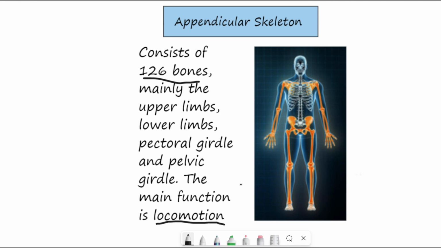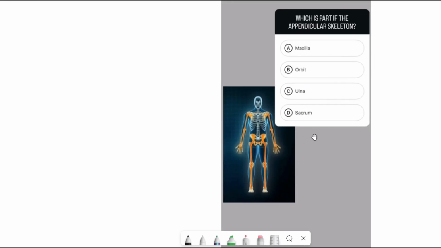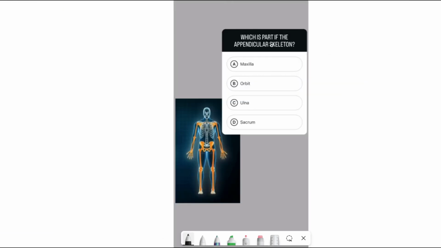Not too complicated. Axial, protection. Appendicular, locomotion. As long as you can just kind of remember these pictures, have a general idea of which bones are in which type of skeleton, and we'll kind of do that in this quiz. Okay, so which is part of the appendicular skeleton? Your answer choices here are maxilla, orbit, ulna, sacrum.